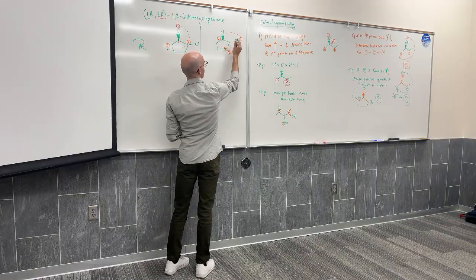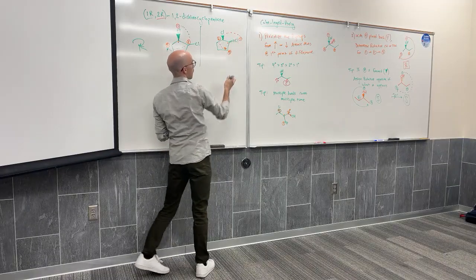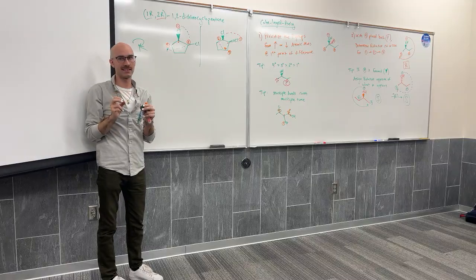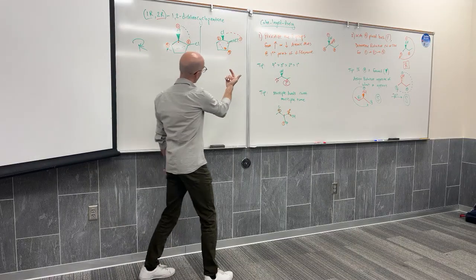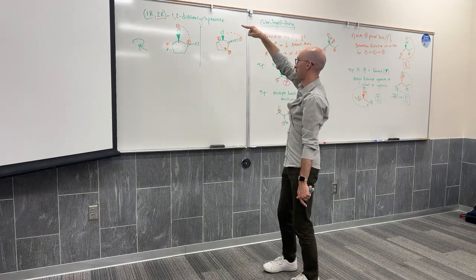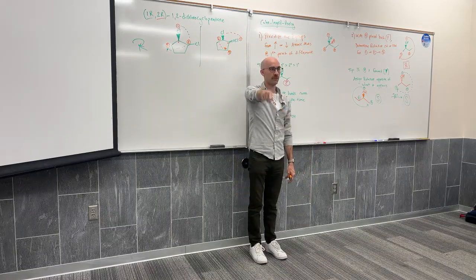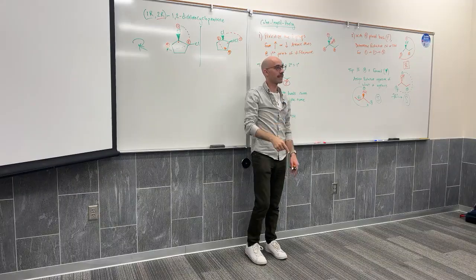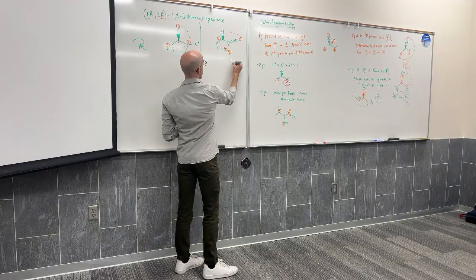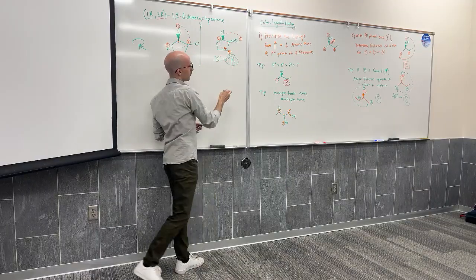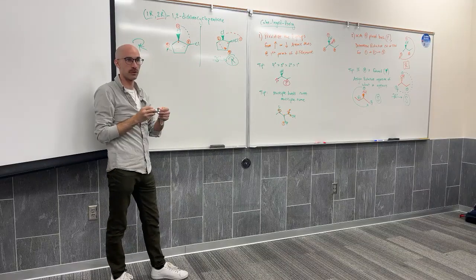Make the chlorine dashed. Because now it looks like it's S. But if I looked at it from the other direction, this rotation from the correct perspective is clockwise, is R. So it looks S, but we're using that tip after rule 2.